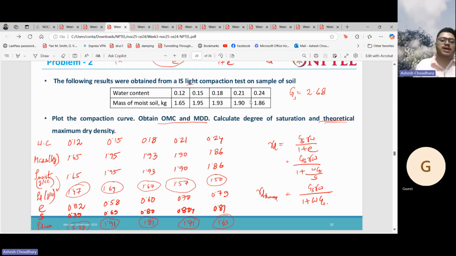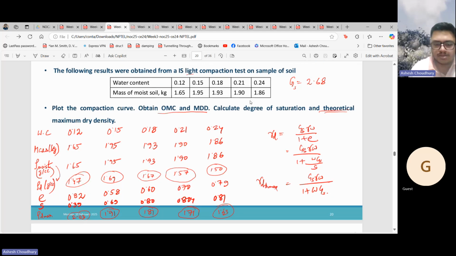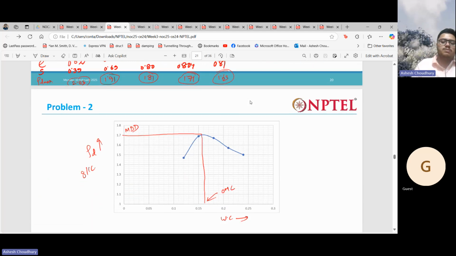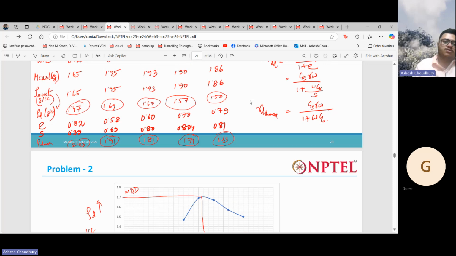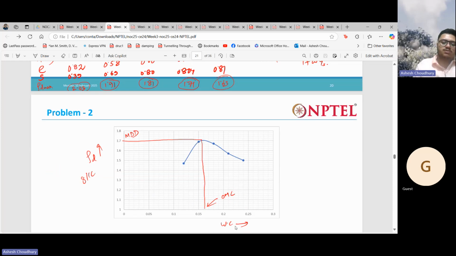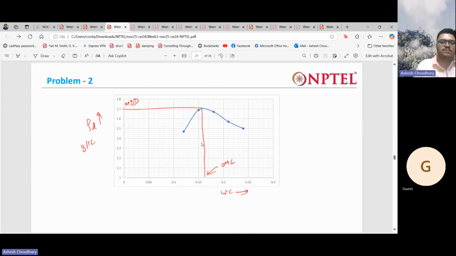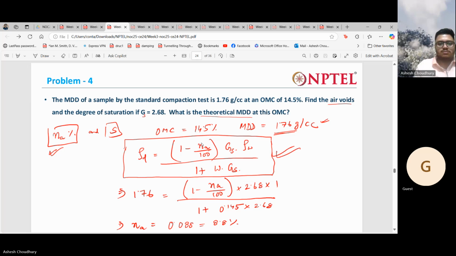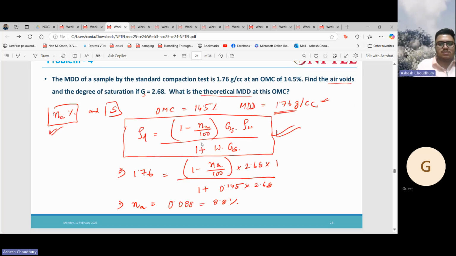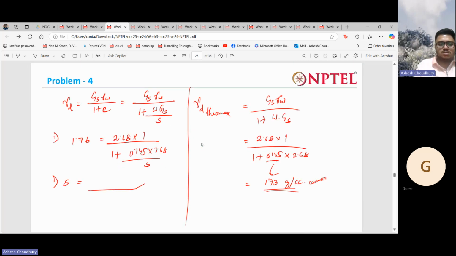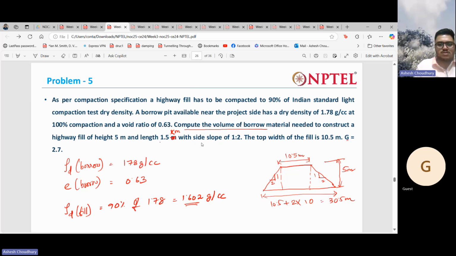Then we had some results from our light compaction test, the industrial light compaction test. From there we calculated these quantities and plotted dry density versus water content, and from there we can find out the optimum moisture content. All those things we did, and they are easy.